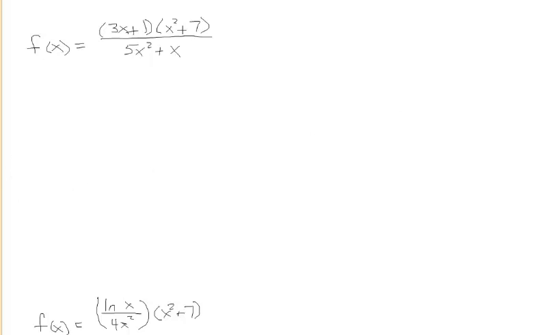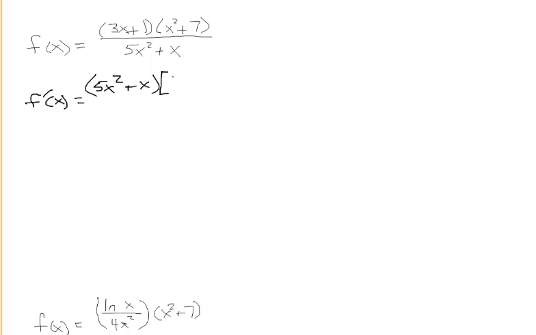So here, f prime of x is equal to g of x. So we rewrite g of x times f prime of x. And remember, we said that this is the product rule.